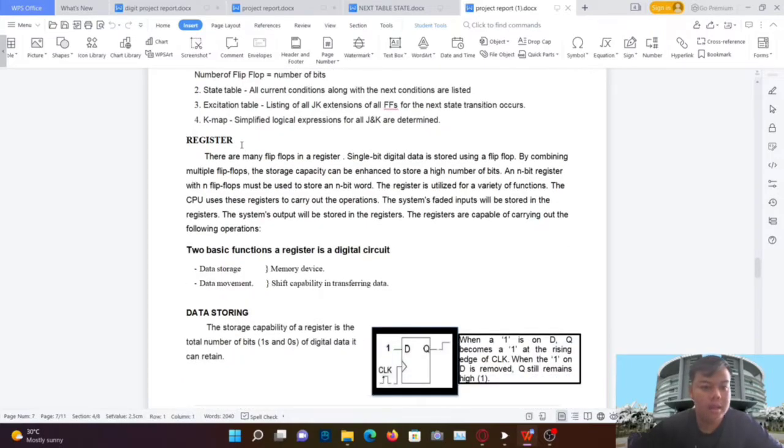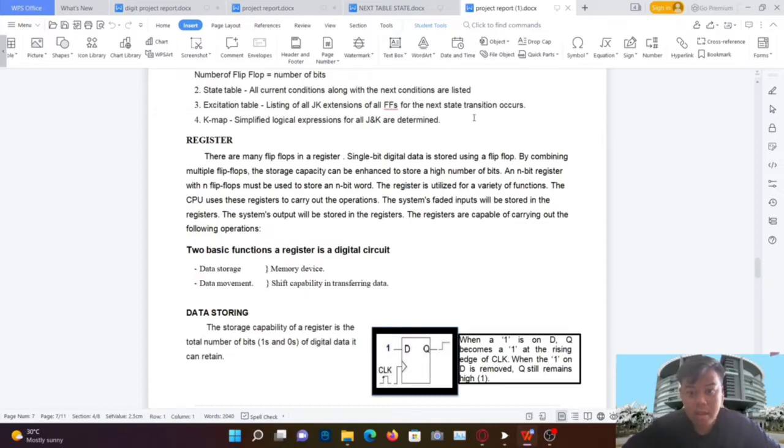The next is the register. There are many flip-flops in a register. Single-bit digital data is stored using a flip-flop; by combining multiple flip-flops, the storage capacity can be enhanced to store a higher number of bits. An n-bit register with n flip-flops must be used to store an n-bit word.